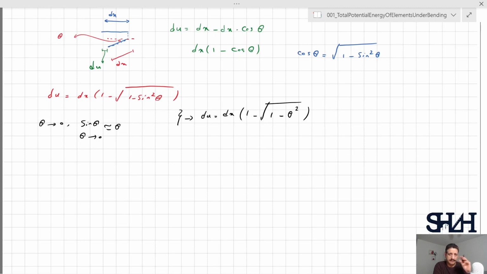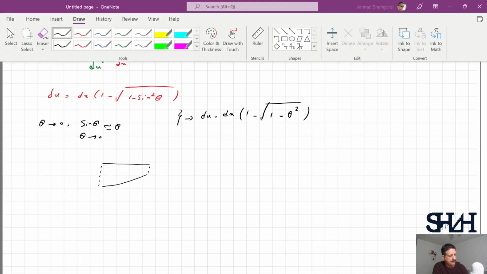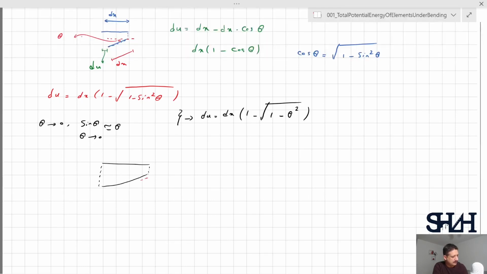Theta is the rotational angle of a beam. So here is a beam, and here is the deformed shape. As a result, this tangent is called theta.